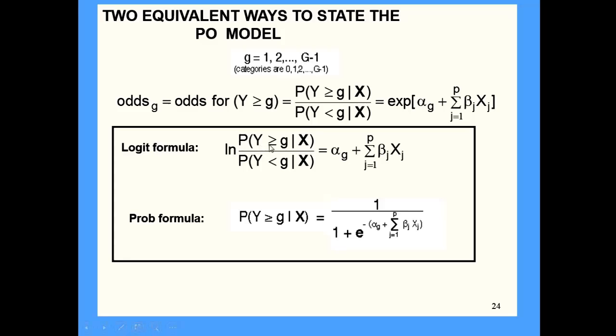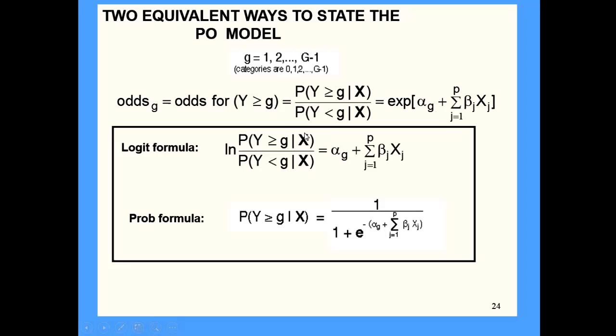If y is greater than or equal to g, the opposite of that is y is less than g. So this is an odds, and this is a log odds. If this is the odds and the log odds is equal to that, it just follows that the odds is equal to this. That's what the odds is.